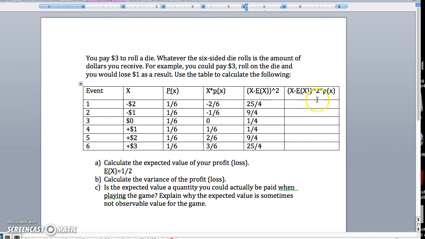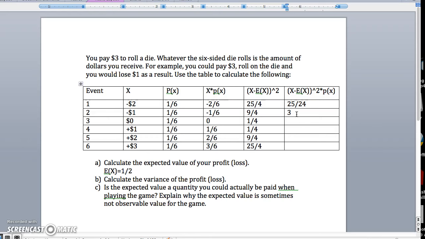After that, we'd multiply this value by our p of x value, which is this guy. So we're gonna multiply this value times that guy right here. So let's go ahead and do that. For row 1, it would be 25 over 4.